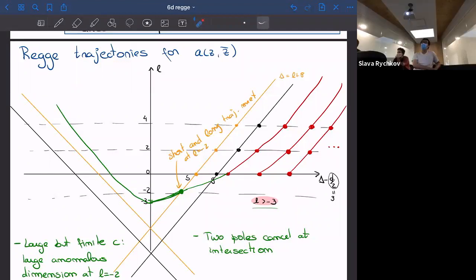I was wondering if there's a similar thing going on for, let's say, 3D to 2D non-supersymmetric conformal field theories. So you take a 3D CFT, it has a bunch of Regge trajectories. Now you view the 4-point function in the 3D CFT as a 4-point function in a 2D CFT, which is allowed. It has a nice decomposition in 2D conformal blocks. And so you should be able to draw, for every 3-dimensional Regge trajectory, a whole bunch of 2-dimensional Regge trajectories.